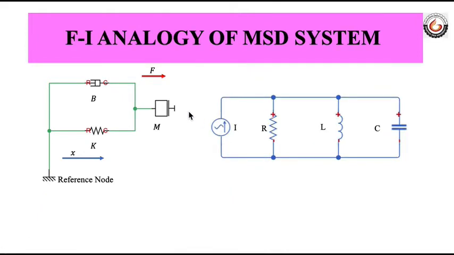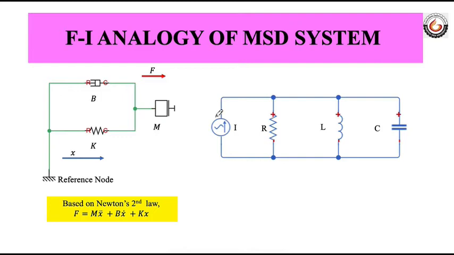Let us go for the force current analogy. Instead of a voltage source circuit, now I have a current source circuit with elements in parallel, which is called a parallel RLC circuit. The force equation is the same as the last one.